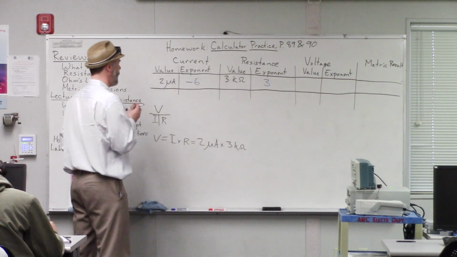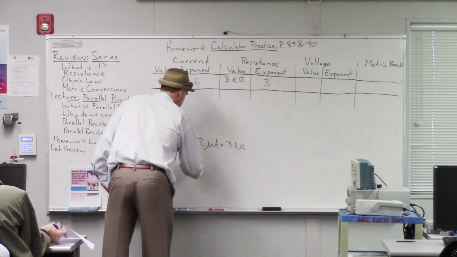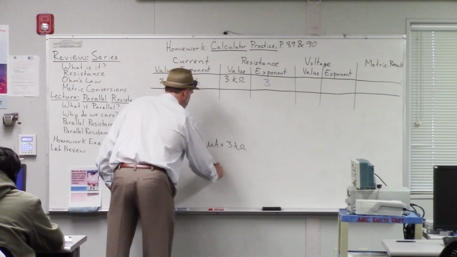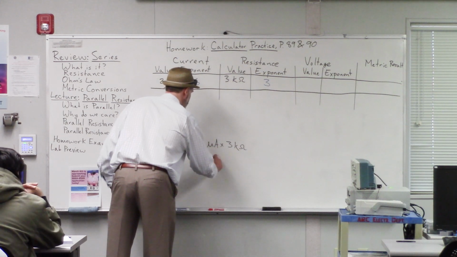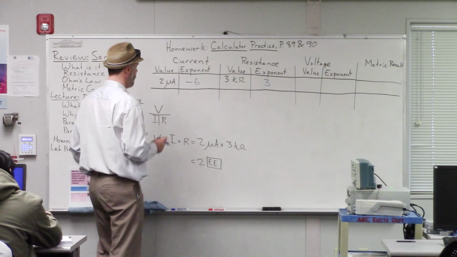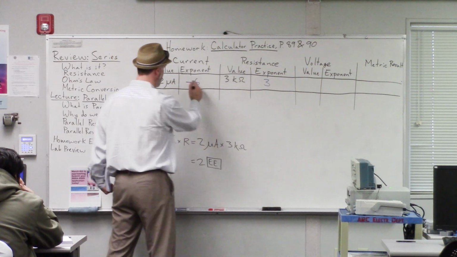When we type in 2 microamps, we type in 2, and then we use that EE button. And then we type in our exponent, so that would be -6.